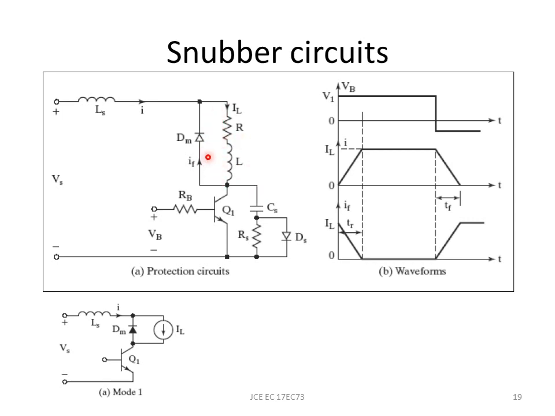That freewheeling will stop the minute the transistor turns on. When the transistor turns on, the current will flow through the transistor and also charge this particular capacitor Cs. Till the time it charges to plus minus, the DM is still in the picture because this is positive. But once it charges, the inductor will not allow the capacitor to stop at 0 and recharges the capacitor to plus minus.